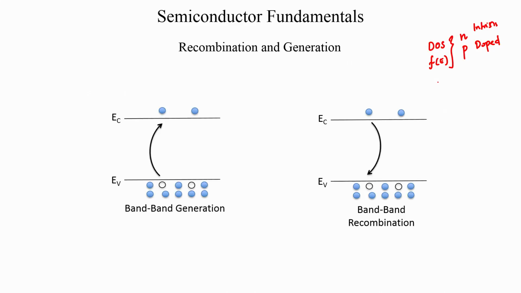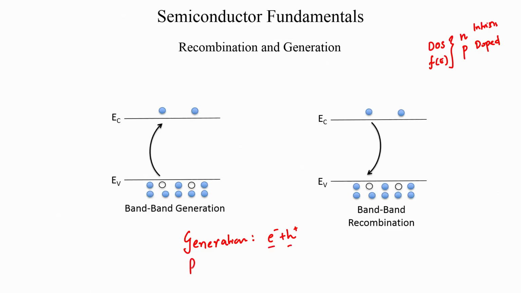So firstly, what do we mean by generation and recombination? By definition, generation implies the mechanism by which electron hole pairs are created. So you have a neutral species and it gets excited, maybe through a photon, and you create an electron hole pair.